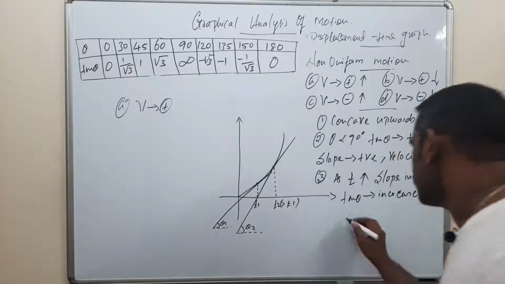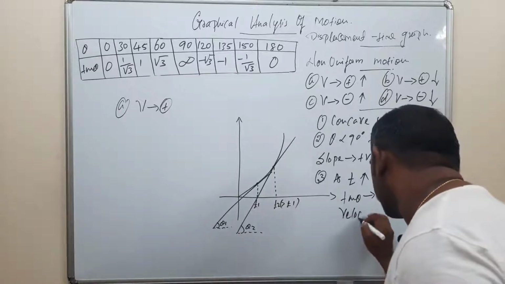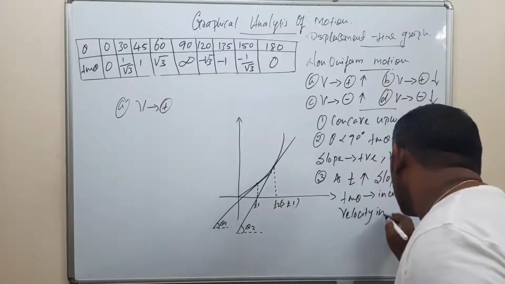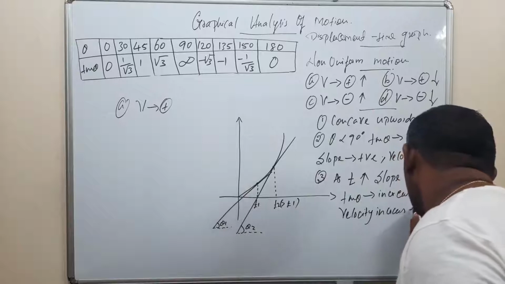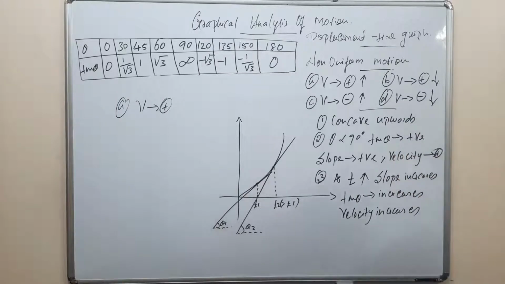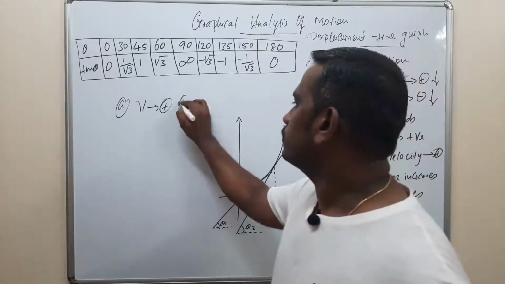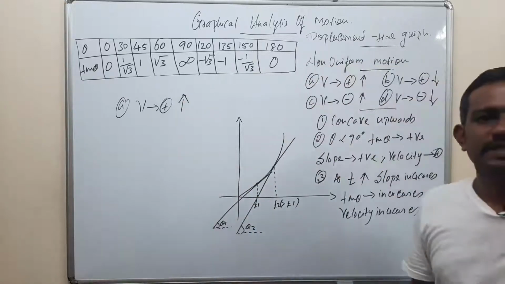Tan theta increases means velocity increases. So velocity positive, increasing.